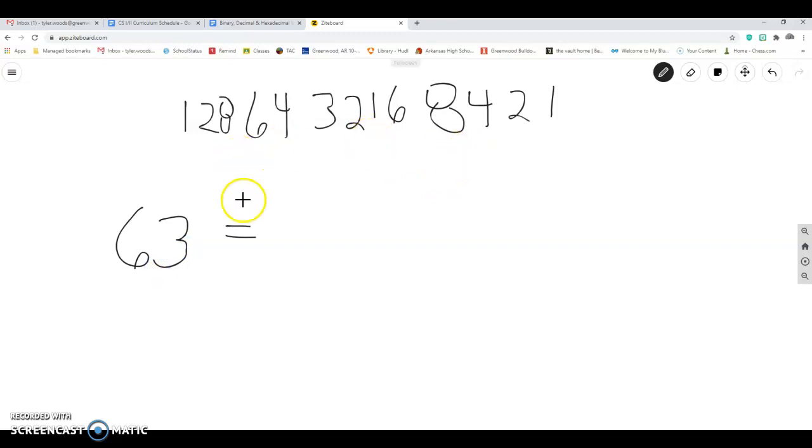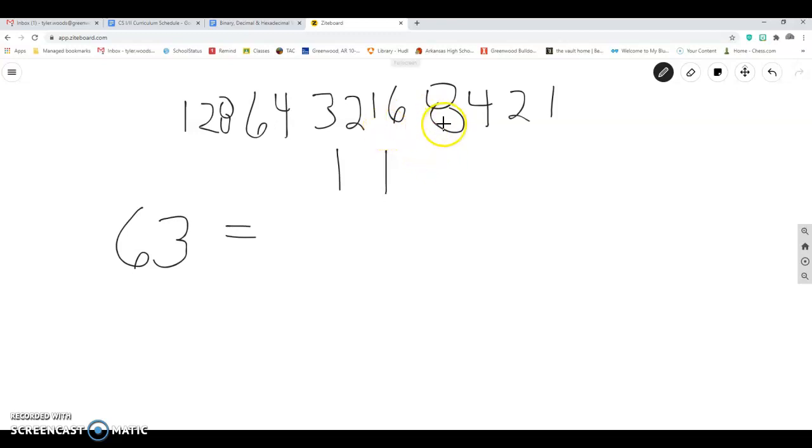So remember, my number is 63, I want to find the binary number for that. What I do is I start with the highest number under 63. And unfortunately 64 is right there, so we've got to go all the way down to 32. And I'm going to turn that on. Okay, 16. I'm going to turn that on because 32 and 16 is 48.